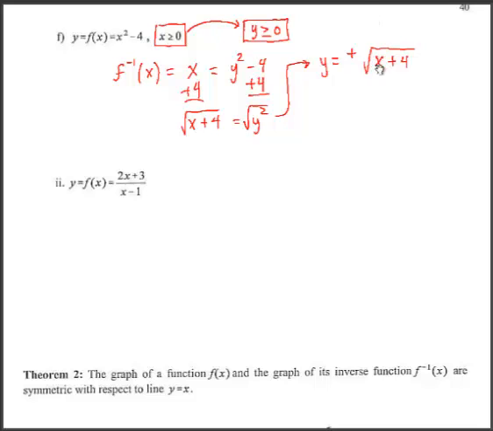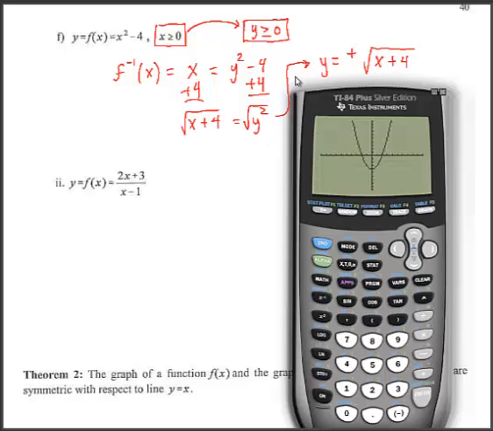At this point, you may be curious about the x, because this x was previously the y, and so we took the domain and it's become the range of f inverse. What did we start out with for the range of f? Let's look back at our calculator. Here is our parabola, x squared minus 4. We ignored the left half. The minimum of x squared minus 4 is negative 4.